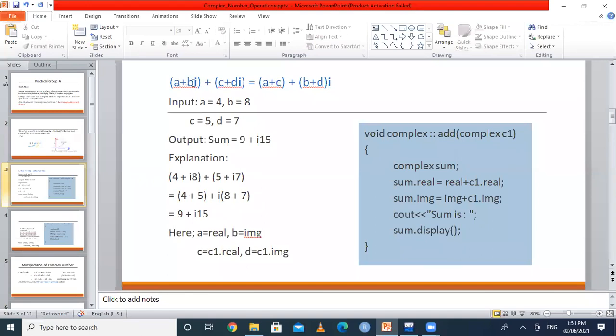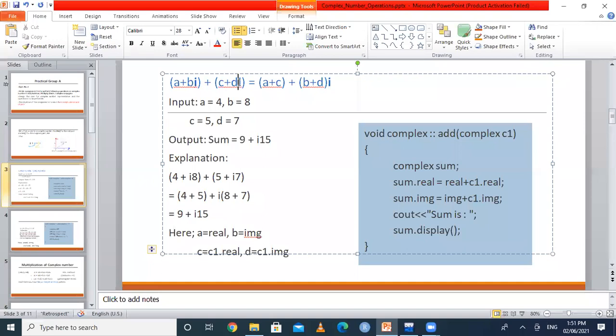The imaginary part is b in the first and d in the second. Making i common, we write b plus d, so you get a plus c plus b plus d multiplied by i.